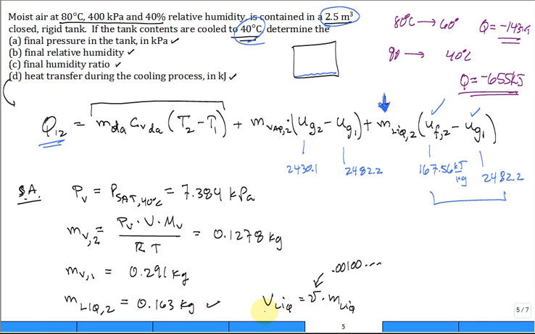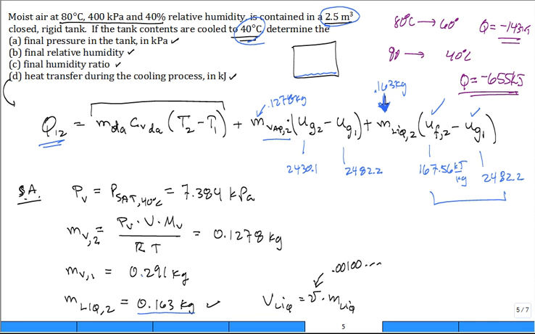But you see that you get some significant amount of mass that is now liquid, and the vapor at state 2 is 0.1278 kilograms. The liquid is 0.163 kilograms.